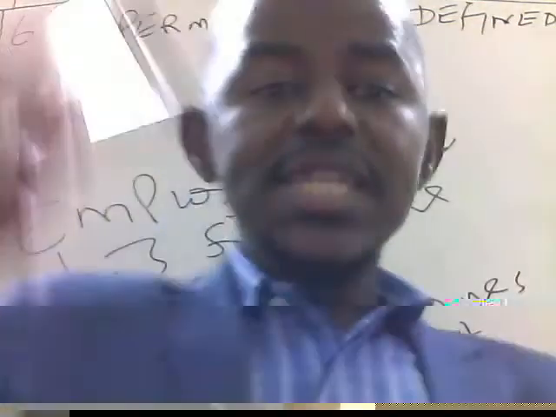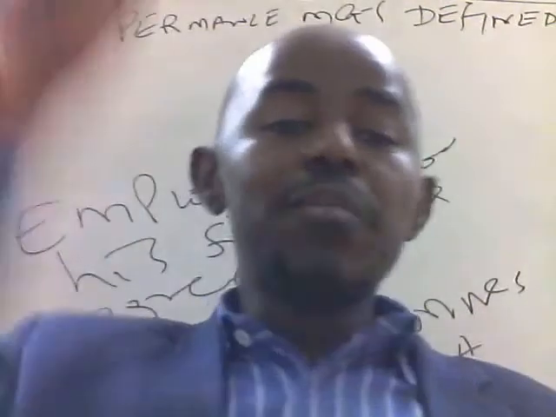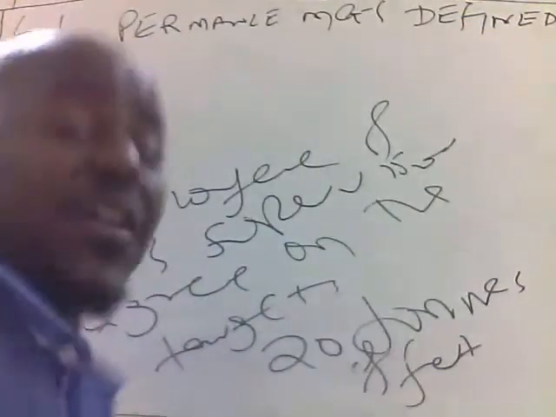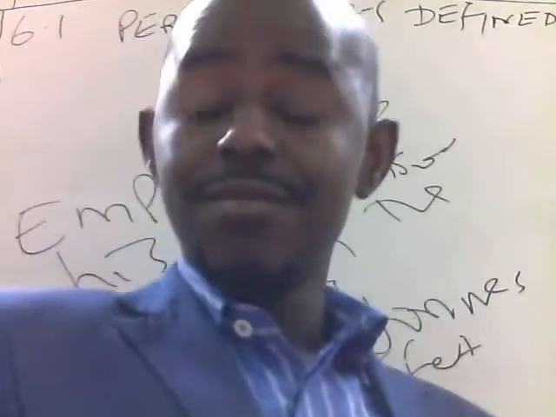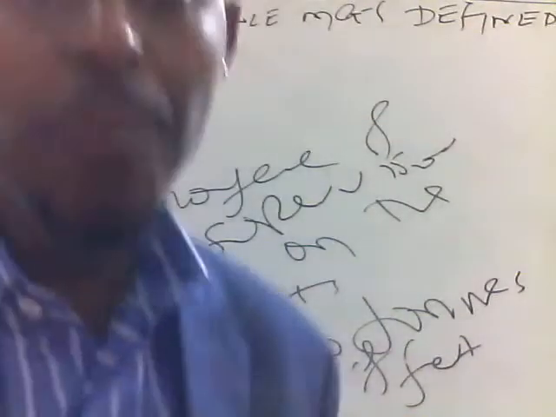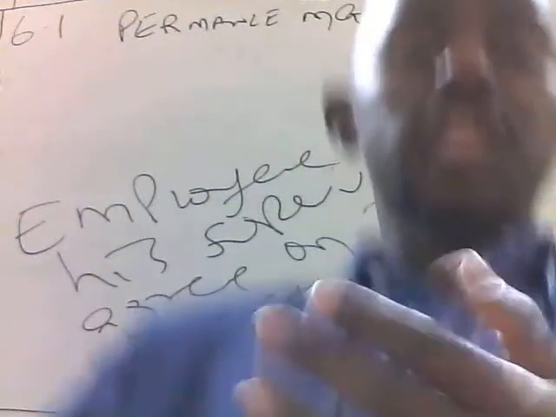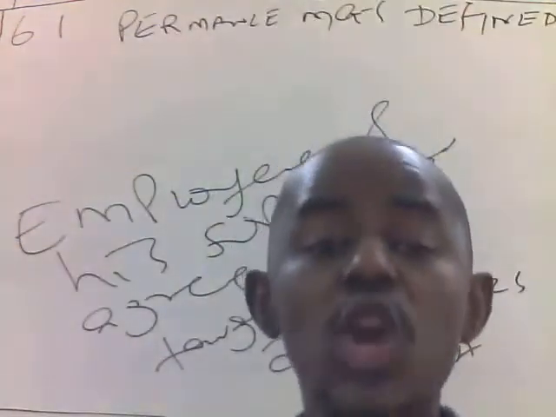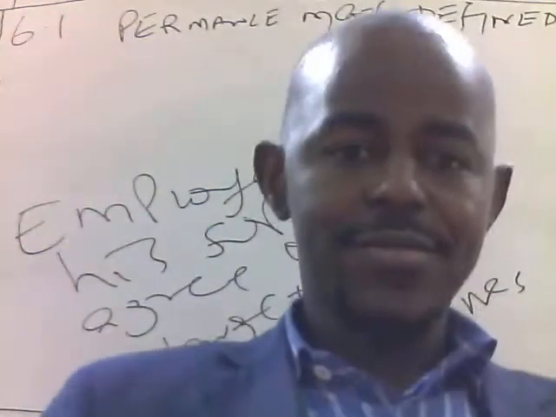Since it is an ongoing communication, we are talking about an employee in the sales department. So he will sell 20 tons of fertilizer. And then they agree: for me to be able to sell the 20 tons, what do I require?